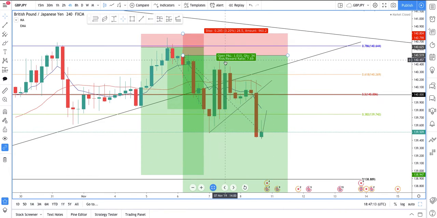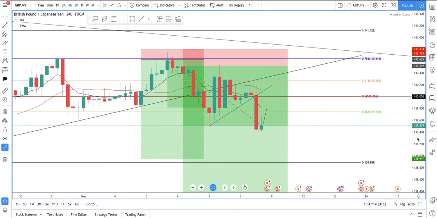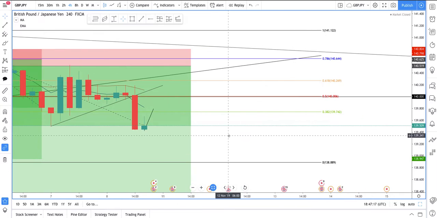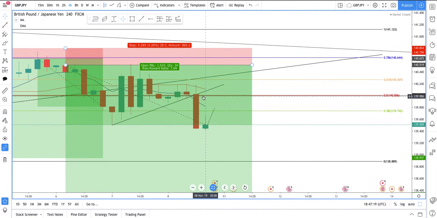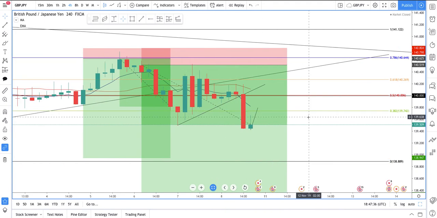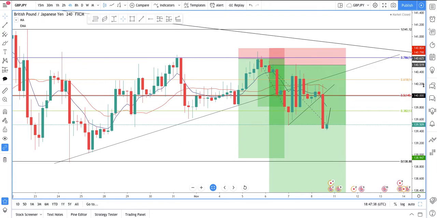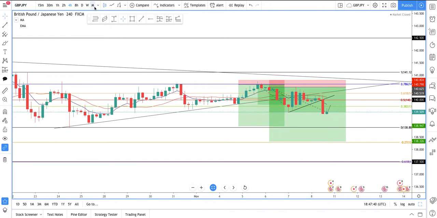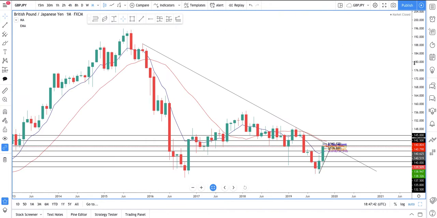I've got 2 trades running, and I believe I was looking for another entry somewhere around here or here. So as soon as the market opens, I'm going to see how it reacts, and I've moved my stop losses somewhere down here below as well, because there's news coming out on Monday and Tuesday, so I'll see how it goes. Anyways, I'm gonna delete all of this and show you how I break down my chart.